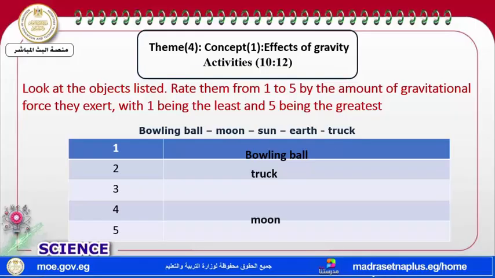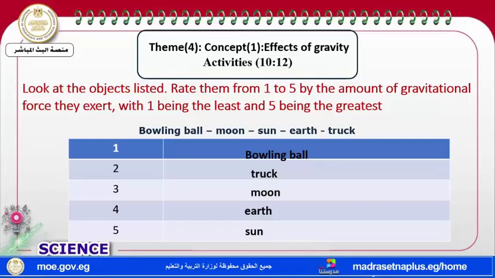The next one, which one has the most? The greatest is the moon. And finally, there's the Earth, with more mass and more gravity than the moon. The biggest one here is the sun. The sun has the biggest gravity in the solar system.